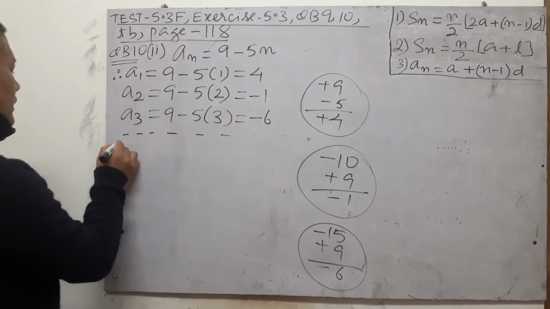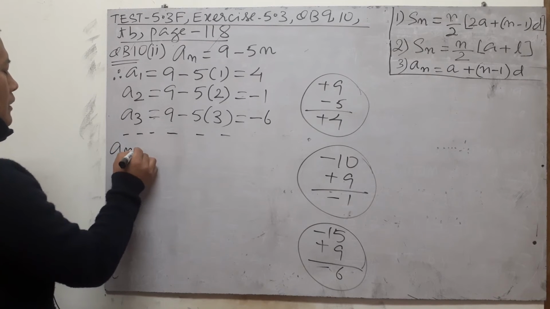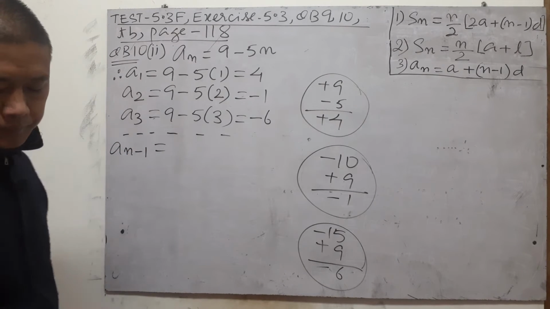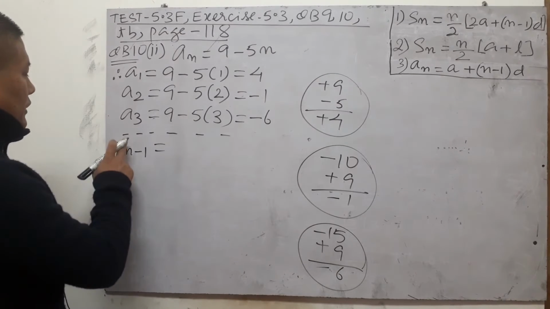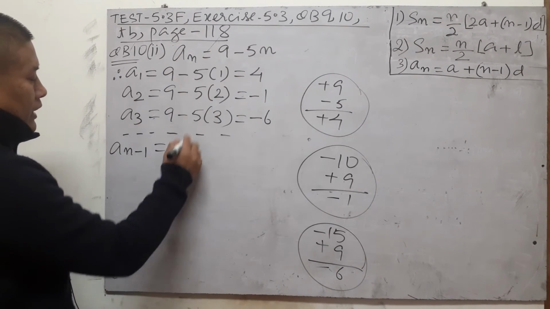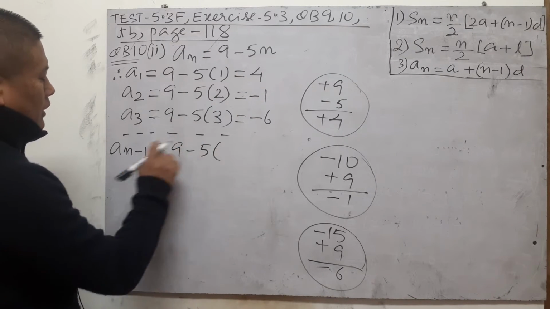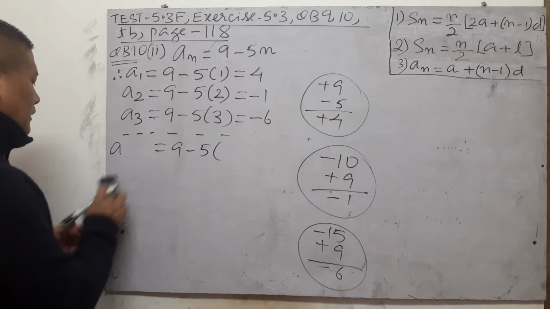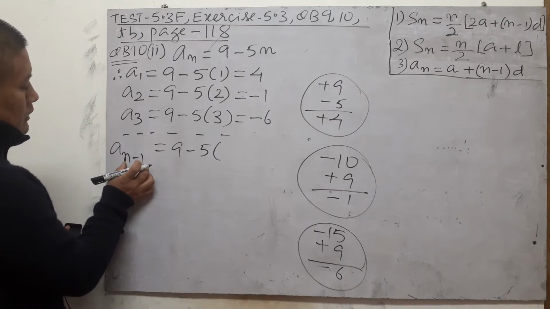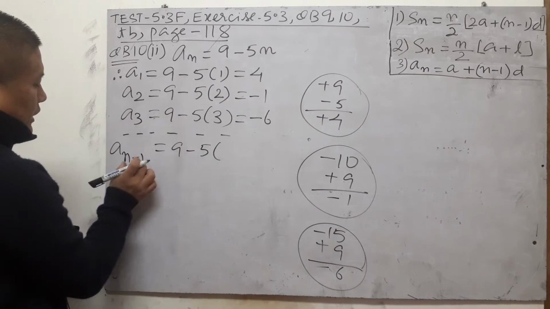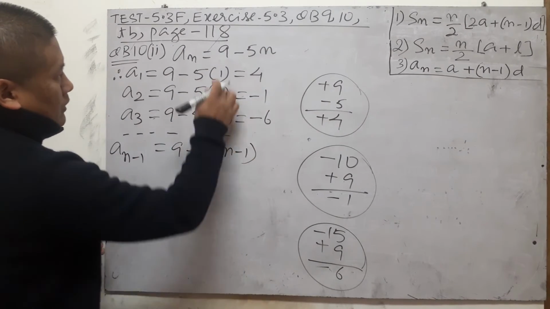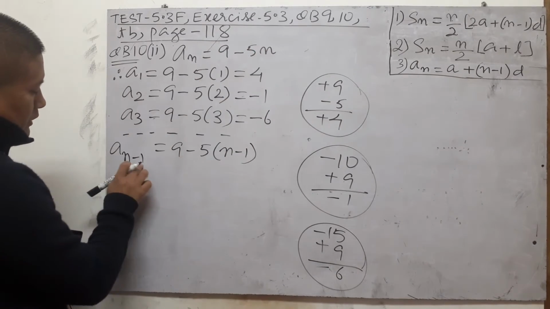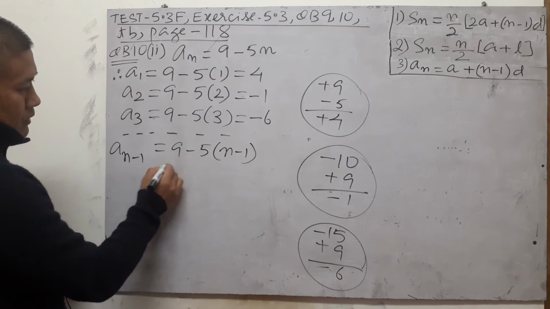It goes on, and therefore AN minus 1 will be, following this formula, A3 is this one, so following this 9, 5 into our n, which is now n minus 1. So be careful with that. Here this n will be replaced by n minus 1. 9 minus 5 into n, where our n here is n minus 1.